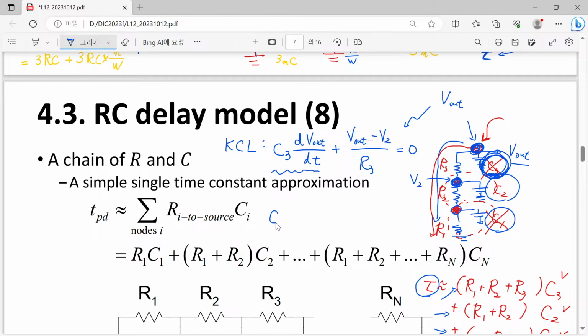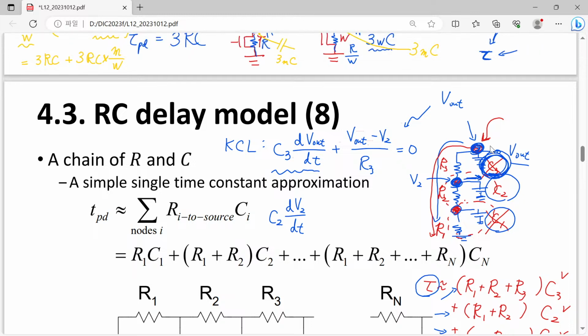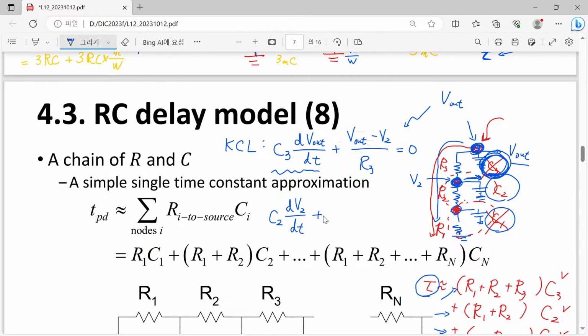We must have the time derivative of V2 multiplied by C2, the capacitor current, and also V2 minus V1 divided by R2, which is the branch current.